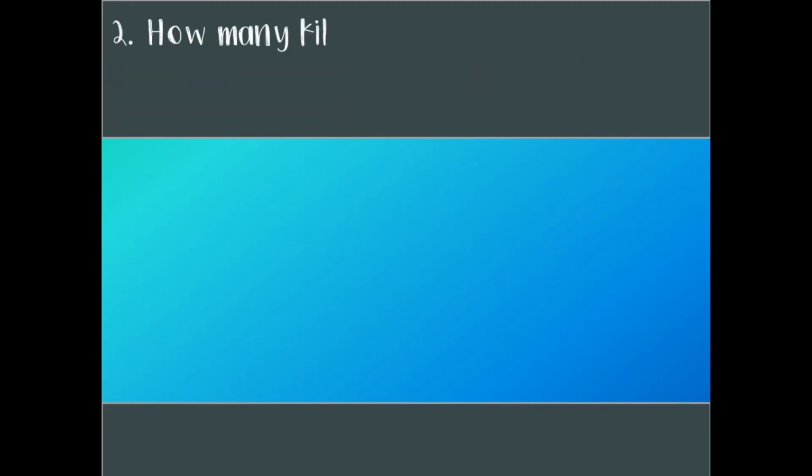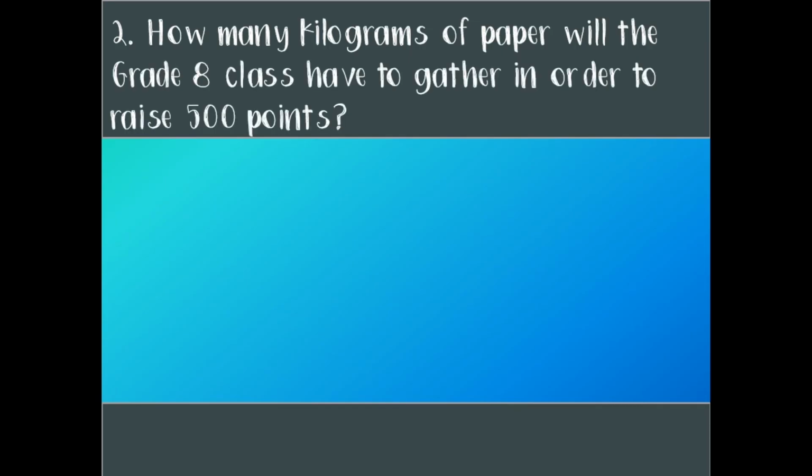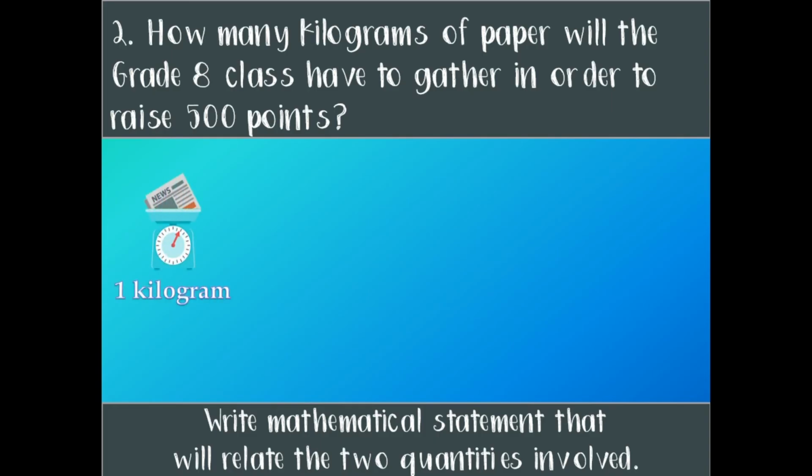Question number 2. How many kilograms of paper will the grade 8 class have to gather in order to raise 500 points? Write a mathematical statement that will relate the two quantities involved. In the previous table, 1 kilogram is equivalent to 5 points. To know how many kilograms in 500 points, we can solve this using the formula points P equals kilogram N times 5.